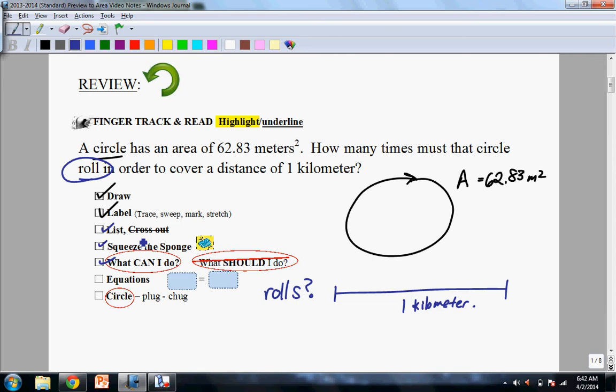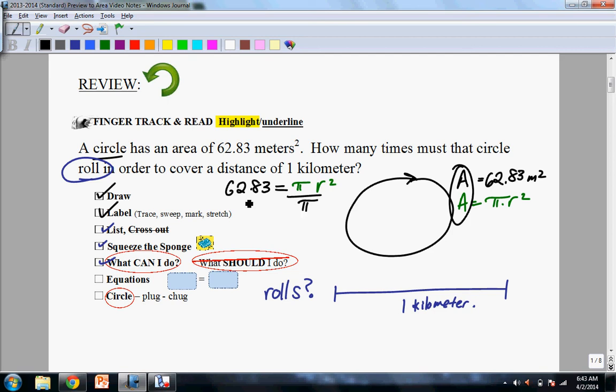Okay, now we ask ourselves, what can we do? Even if you're not quite sure how to do all this, let's do something super simple. You can at least write the equation for area, because we're talking about area. So we have 62.83 equals pi r squared.